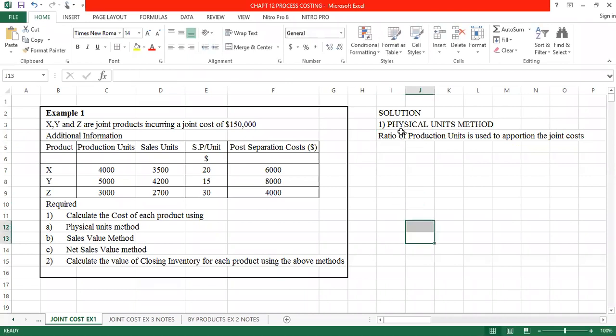It's very easy compared to what we did in the morning. So ratio of these.